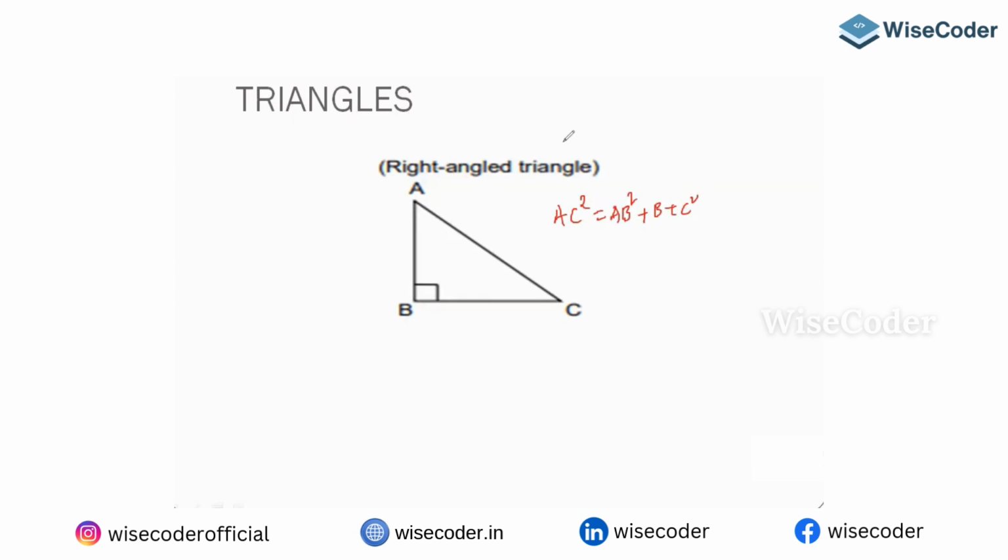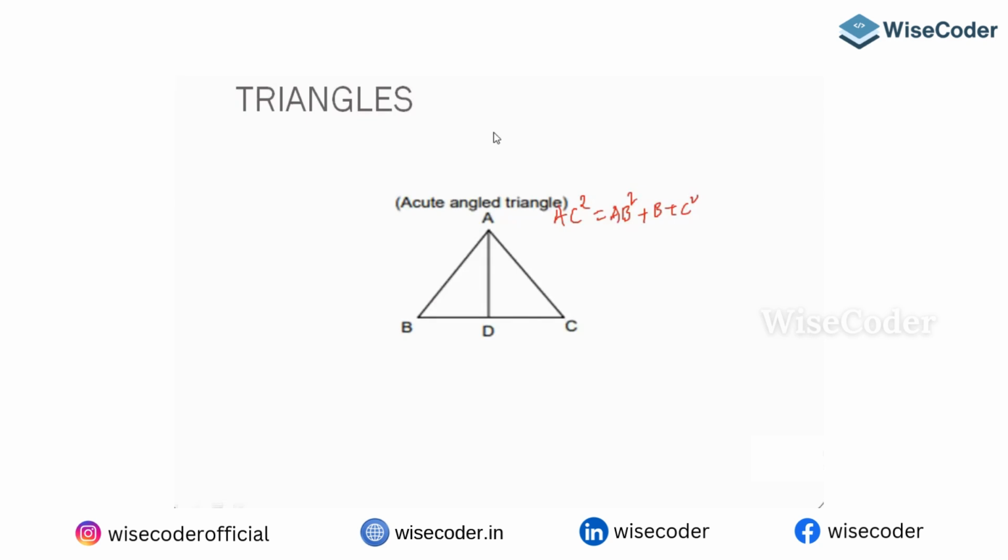So next, let's talk about the acute angle triangle. What I mean by acute angle triangle, guys, you can see on the screen, there is a triangle ABC and there is a point D, drawn from A. In an acute angle triangle, can I write AC square is equal to AB square plus BC square minus 2 BC into BD?